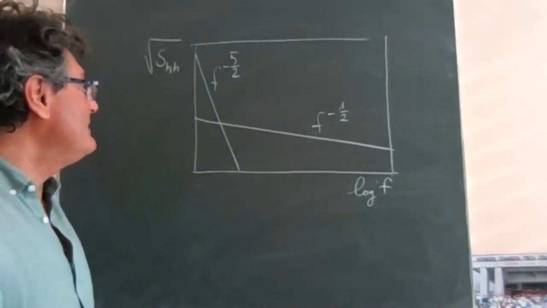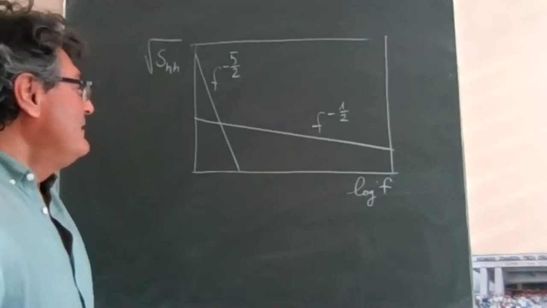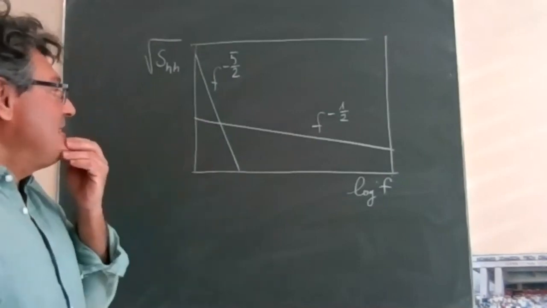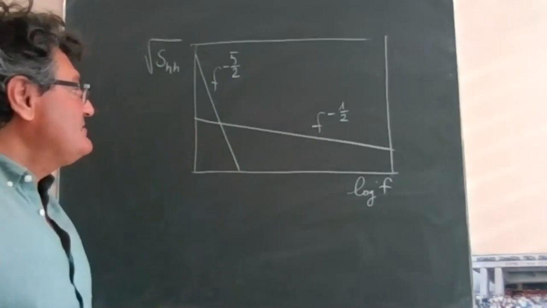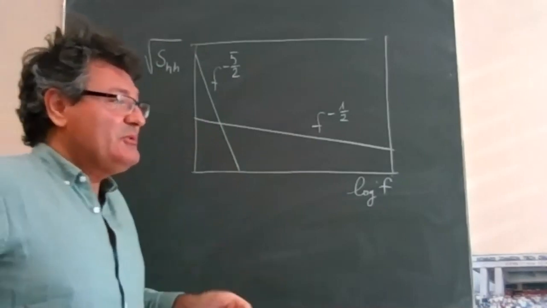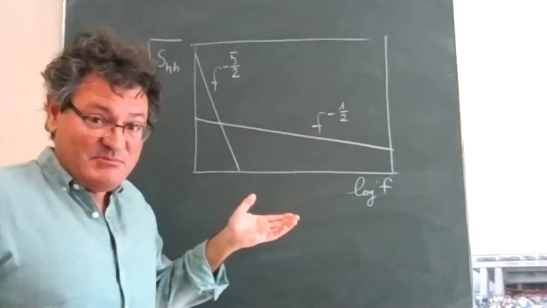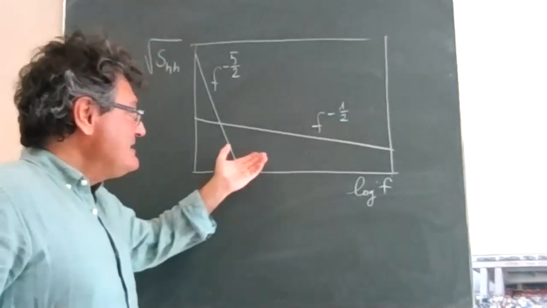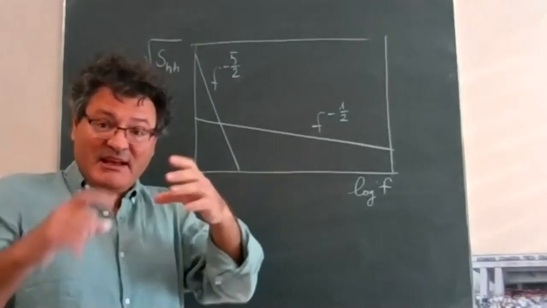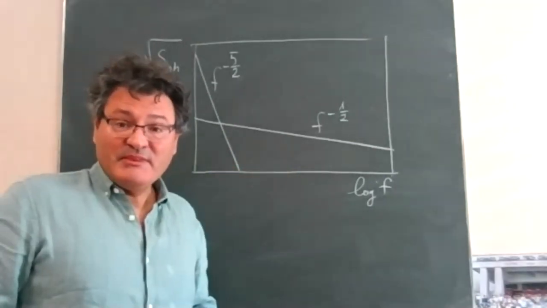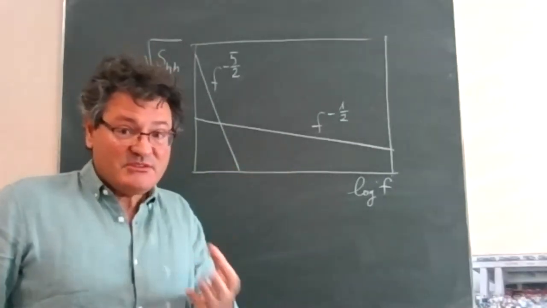Let's start from this, and also there is something else that is not present in this plot, which is the thermal noise that comes from the substrate of the mirror.